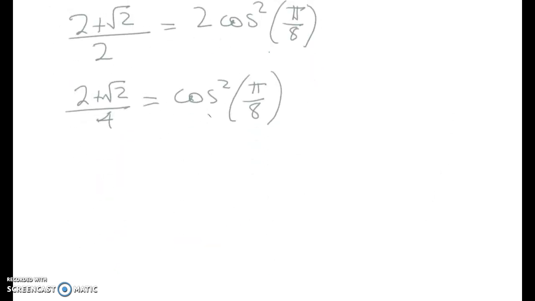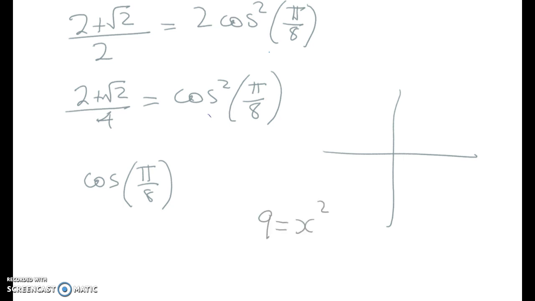Okay, so just be a little bit careful here. Well, I shouldn't really tell scholarship markers what to do, but what we've got to think about is that if I just have, say, 9 equals x squared, there are two solutions to that, right? X can be plus or minus 3. So how do we know here that we don't have to worry about the negative solution? Well, it's because cos of pi on 8 is in the first quadrant.